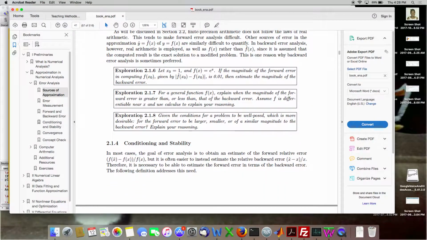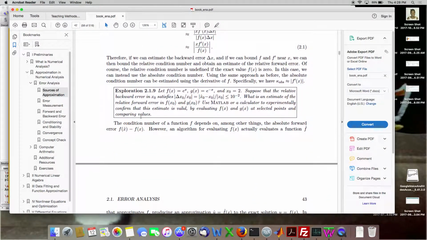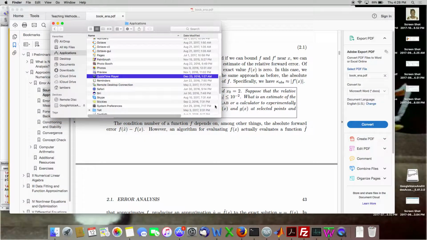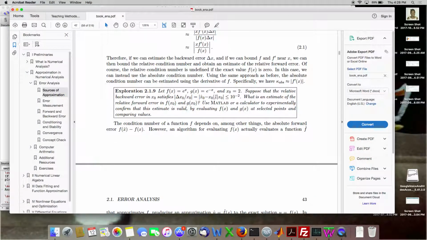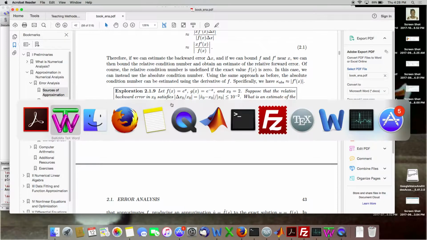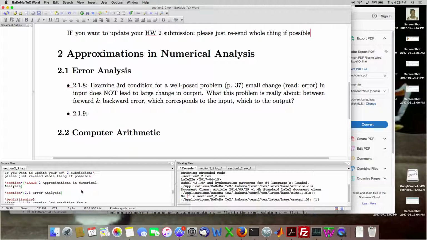219. Now, for this one, the problem asks for an estimate of the relative forward error.